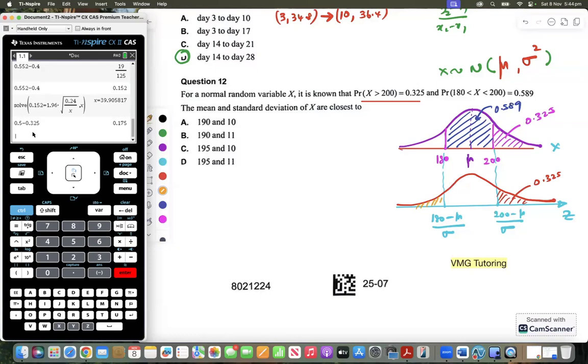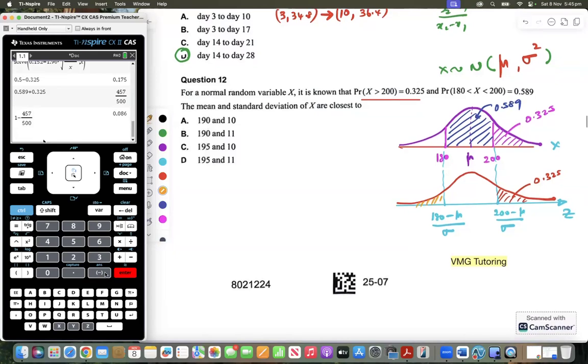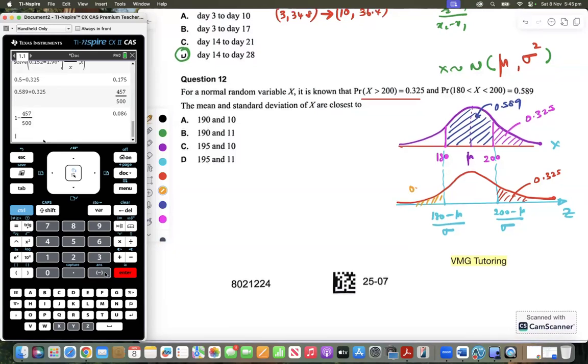You need to add 0.589 and 0.325, and then one takeaway, the answer is 0.086. That little area. So 0.086. It's a little area. Here, is it correct? Almost 0.6 and 0.9 should be 1. Yeah, I think so.